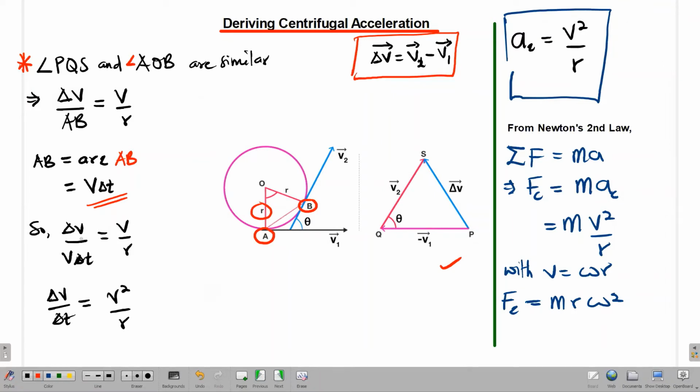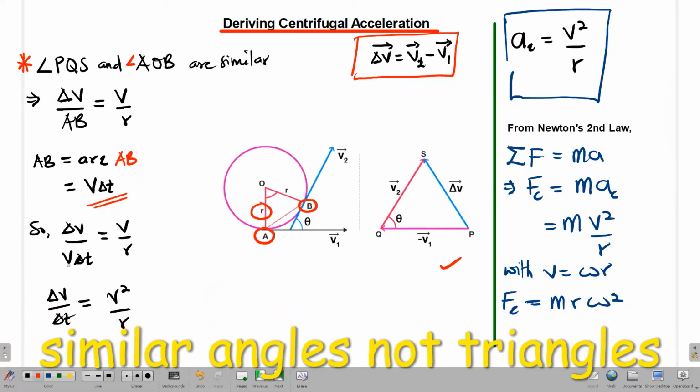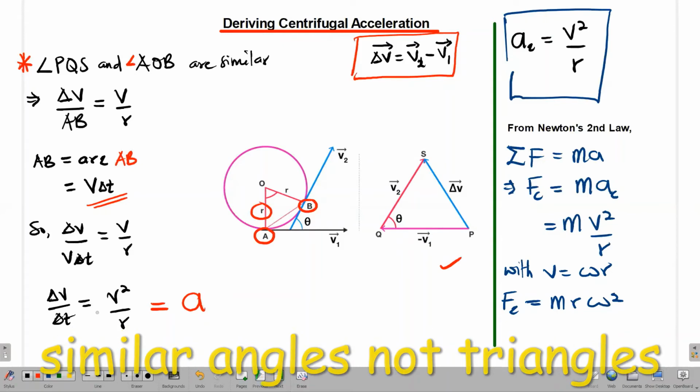So the change in v over v times the change in t will be equal to v over r, since we agreed that this triangle is similar to this. Hence, the change in v over change in t is equal to v squared over r. V squared over r basically will now be called the acceleration, because the change in v over change in t is acceleration.